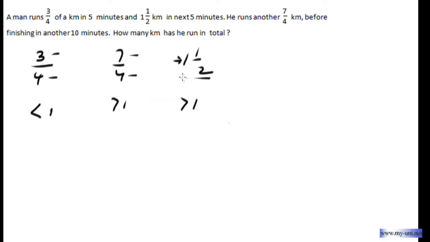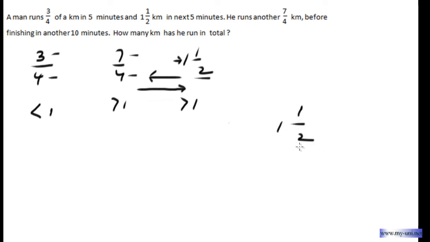So a mixed fraction can be converted into an improper fraction, and an improper fraction can be written as a mixed fraction. So we'll just learn how to convert this mixed fraction into an improper fraction.